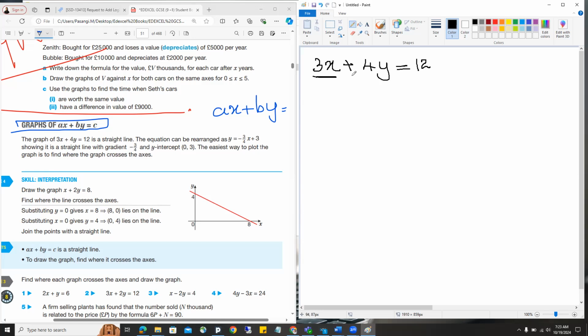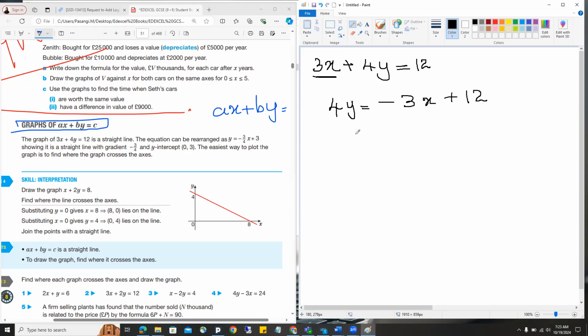If we do that for the left hand side, we need to do the same to the right hand side as well. Here we have 4y is equals to minus 3x plus 12. Is it clear? Yes, miss.